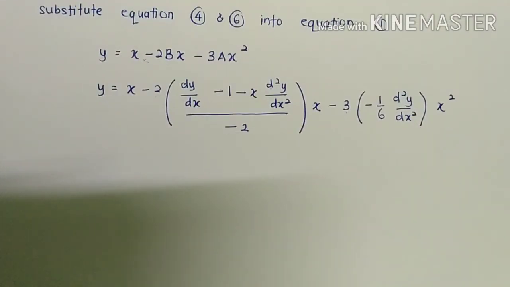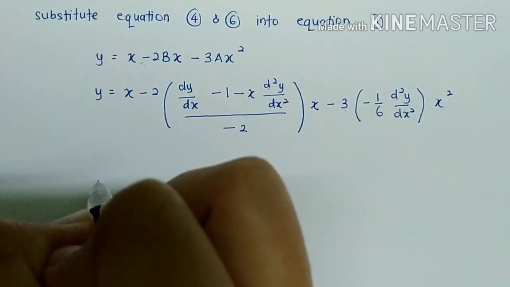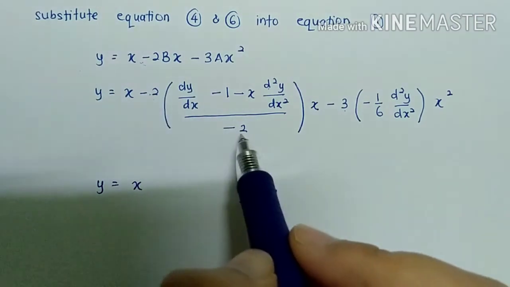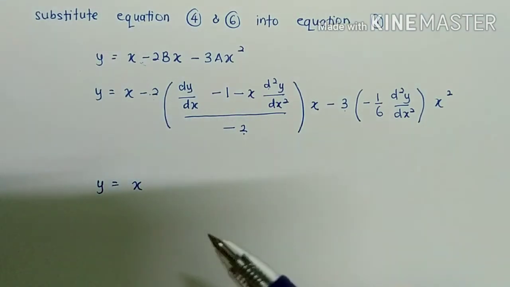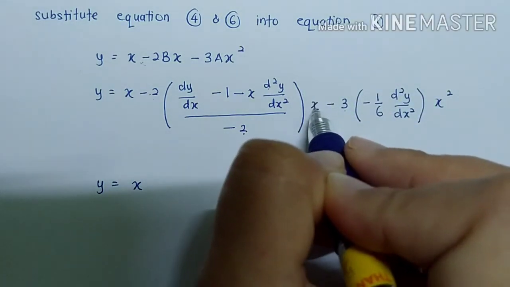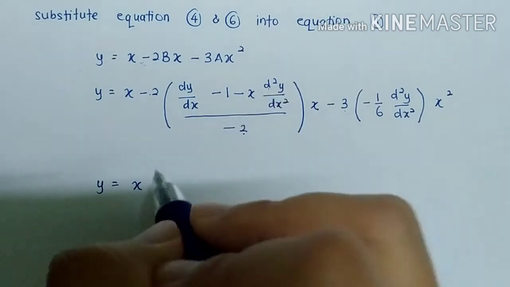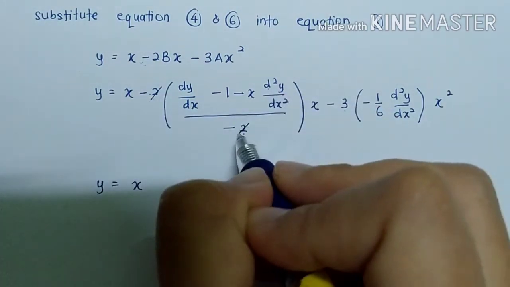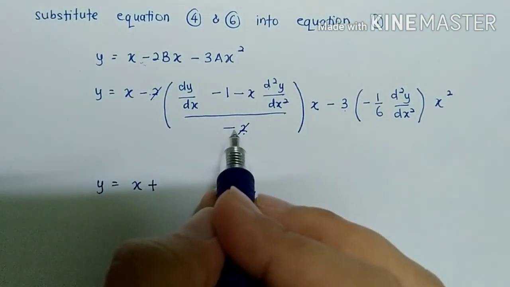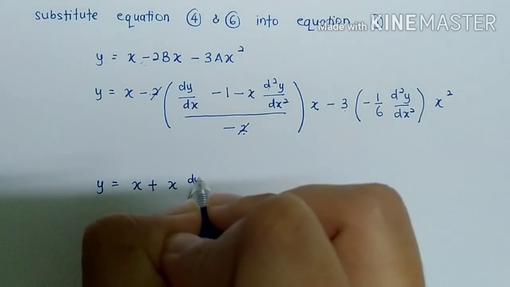So we simplify this equation. y equals x, then negative 2 times negative 2, we have positive 1, and then we have x at the back, so x we multiply with all the terms in this bracket. This one we have positive, because negative negative is positive. So x times dy dx, we have x dy dx.